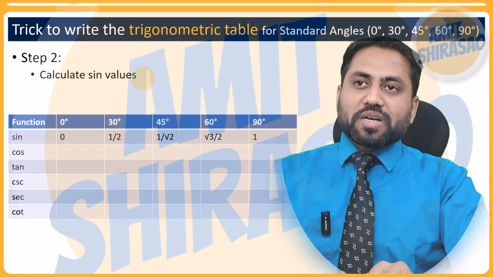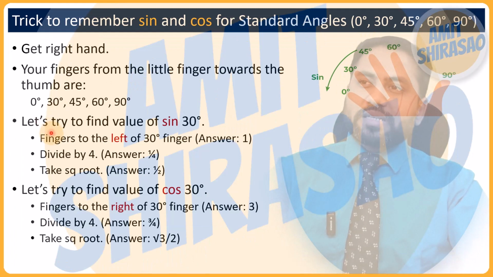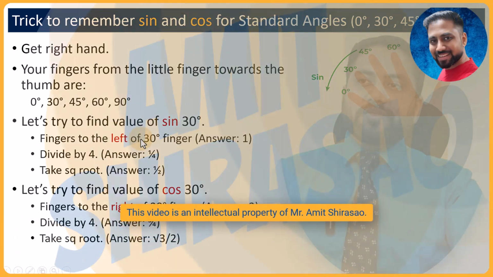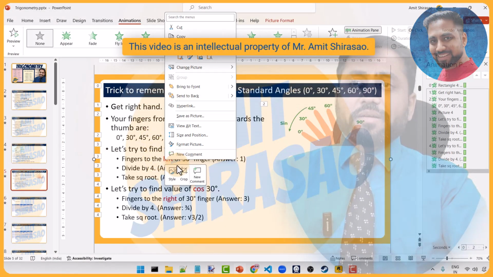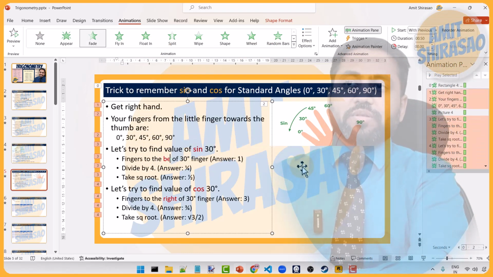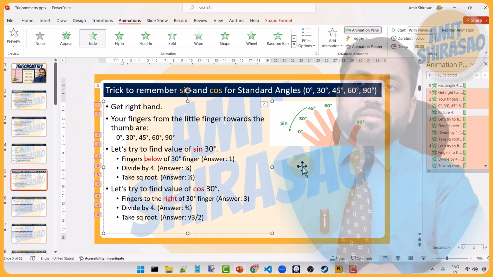Okay, so pardon me, I said something to the left instead of above. Let me correct that for you right away. So sorry, left means below, fingers below the 30-degree finger.